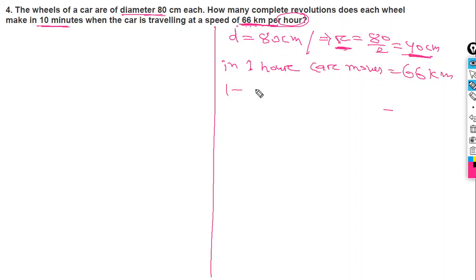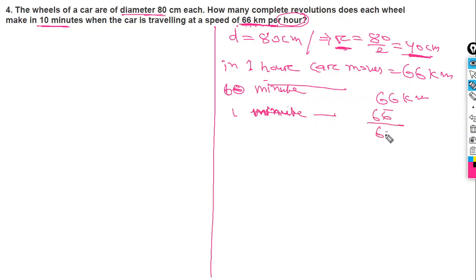In 1 hour you have 60 minutes. So in 60 minutes the car moves 66 kilometer. In 1 minute the car will move 66 by 60 kilometer.